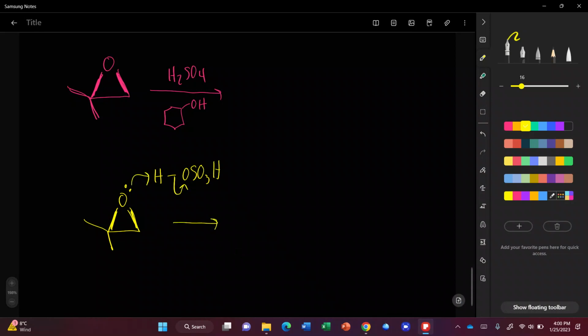Okay. And then now is when it gets kind of funky. So even though it's protonated, and we know because it's protonated, the regiochemistry is going to be similar to the regiochemistry of an SN1 reaction, but it's technically still going to be an SN2 reaction.